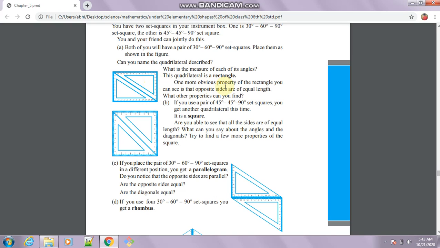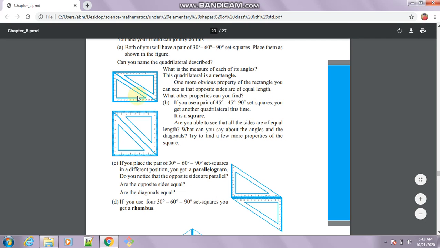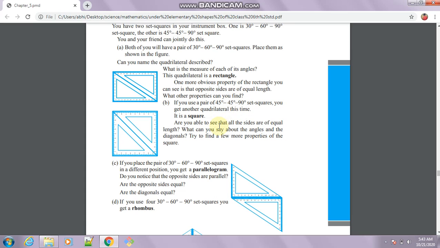One more observed property of a rectangle: you can see opposite sides are equal in length. Okay, students. And what is the other property? Can you find out? We'll find them one by one.